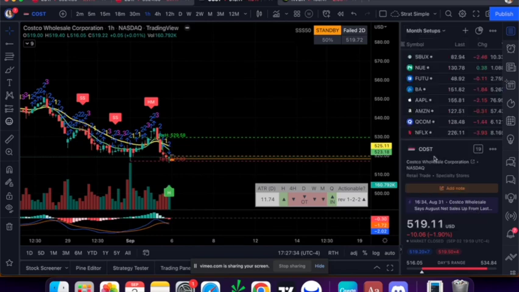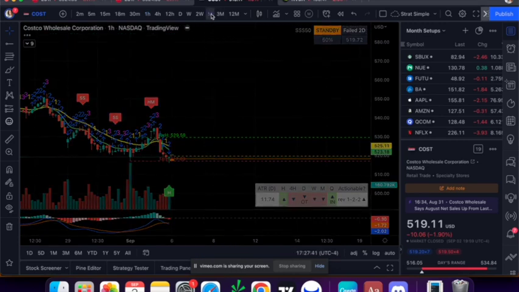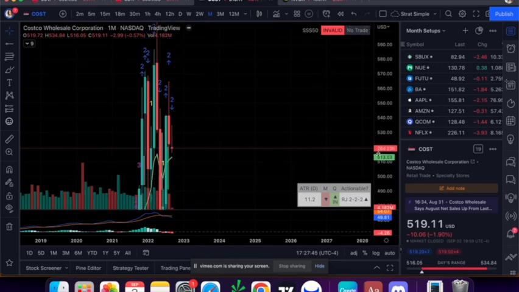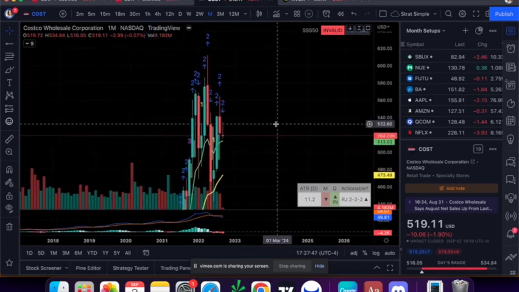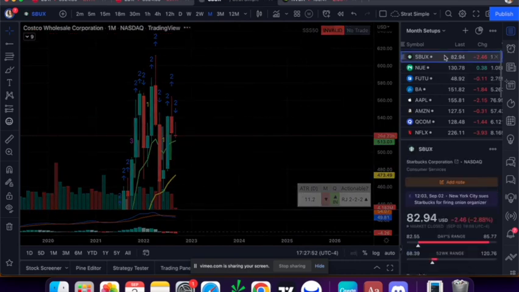I wanted to talk about some monthly setups that I saw. Because again, with a lot of the weeklies there's a lot of two downs, so unless you're in it already, I feel like it's not an actionable signal for me, and I don't really like playing those.